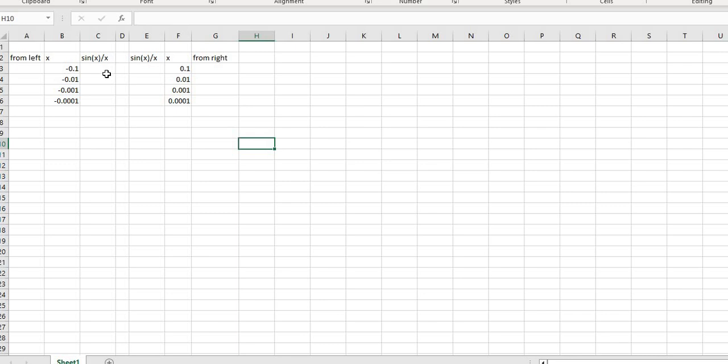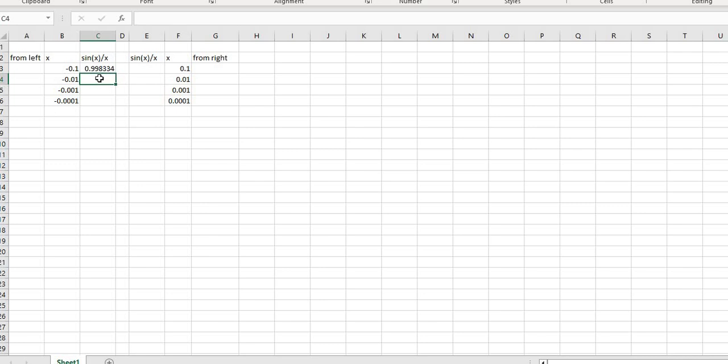If you're writing the table by hand, make sure your calculator is in radian mode. So the formula we're going to write will be: let's keep the equal sign, which means we're writing a formula. Then the built-in function sine, parentheses. In the parentheses, we copy this cell, close parentheses, divided by, again, this cell, and enter.